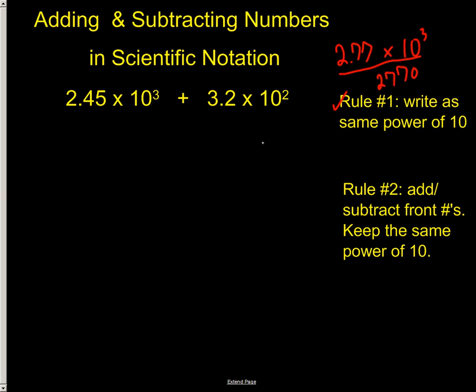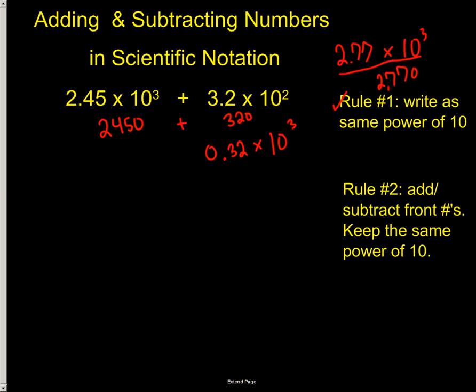Okay, so why does this work that if I just raise this up by 1 to make it a 3, and I just slide this decimal over to the left one time, why does it work? Well, remember, 3.2 times 10 to the second power is 320. 2.45 times 10 to the third is 2,450. And when we add them up together, they get 2,770.